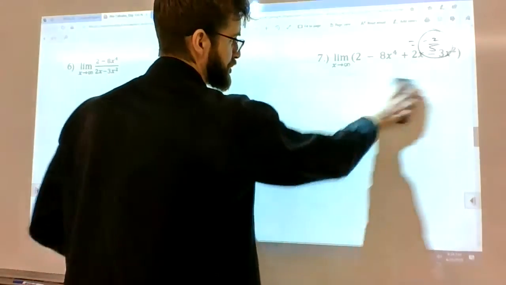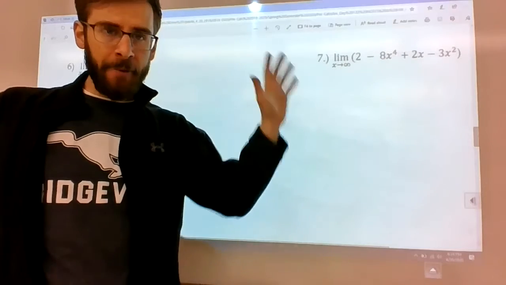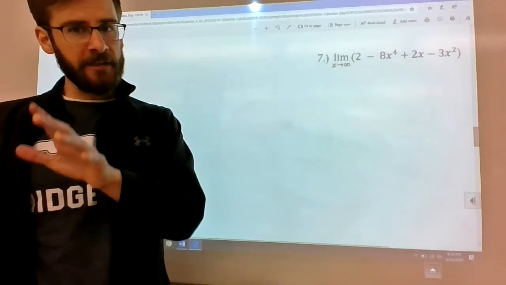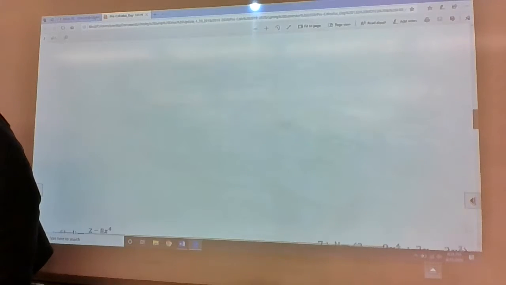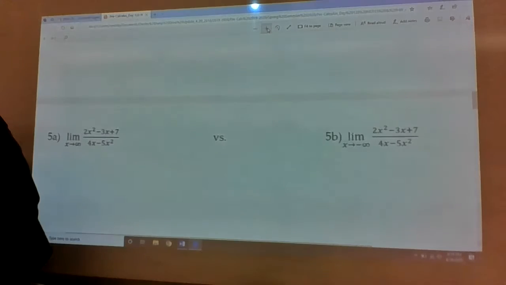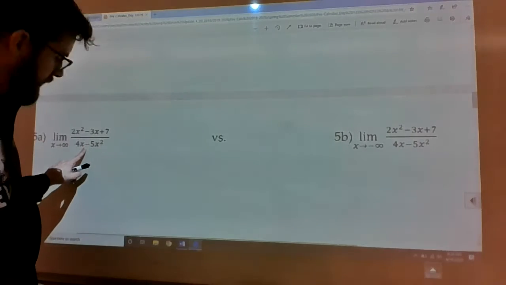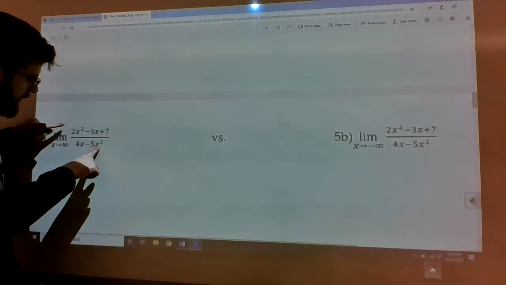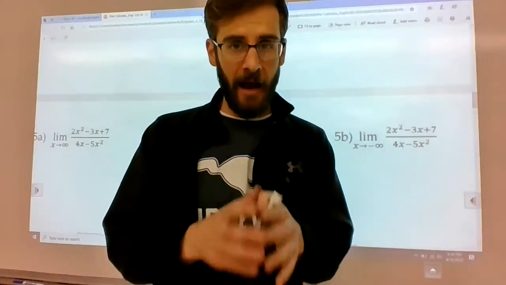Now that shortcut I just told you guys about only works if the top leading power matches the bottom leading power. It only worked here because x squared on top and bottom were the biggest leading powers.